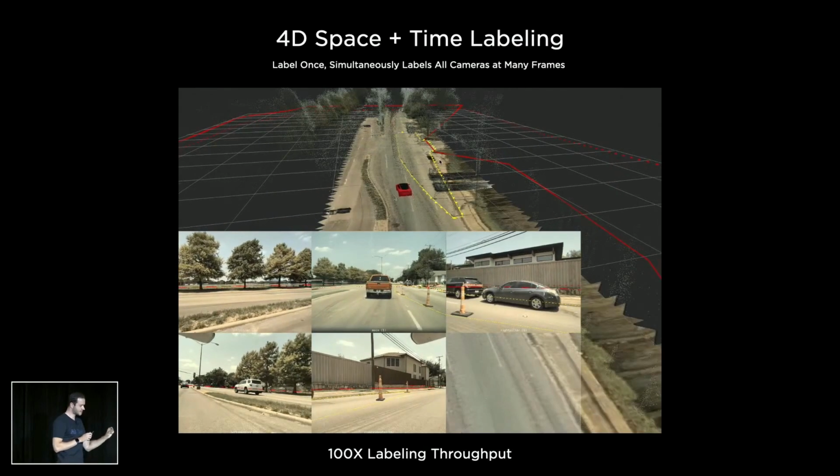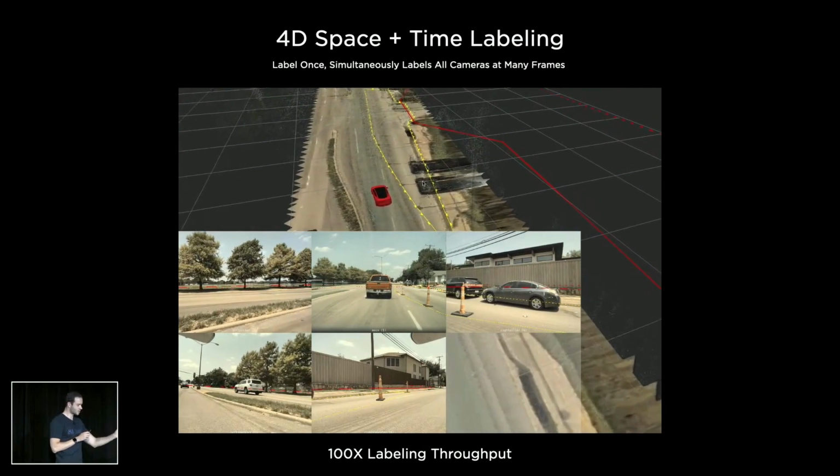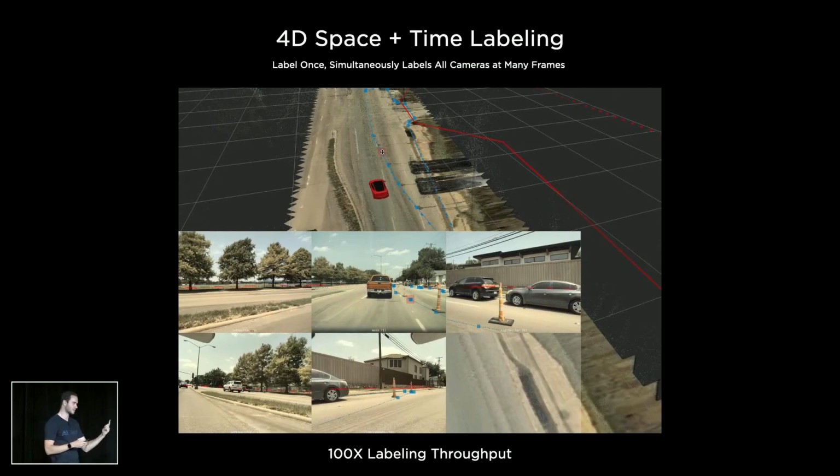What you're seeing is that the labeler is changing the labels directly in vector space, and then we are reprojecting those changes into camera images. This gave us a massive increase in throughput for a lot of our labels because you label once in 3D, and then you get to reproject. But even this, we realized, was not going to cut it.